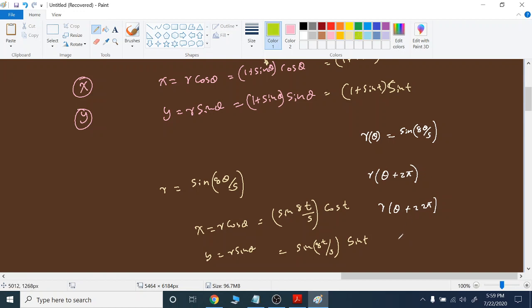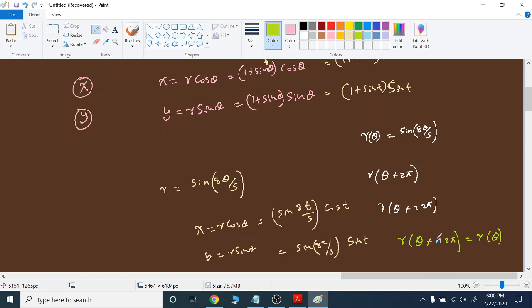So if, when n number of 2 pi's are added, you end up at the same stage, that means at the end of this many rotations the graph is back at its very first starting point.